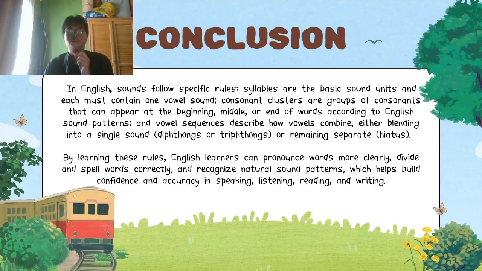And vowel sequences describe how vowels combine, either blending into a single sound, diphthongs or triphthongs, or remaining separate, like hiatus. So by learning these rules, English learners can pronounce words more clearly, divide and spell words correctly, and recognize natural sound patterns, which helps build confidence and accuracy in speaking, listening, reading, and writing.